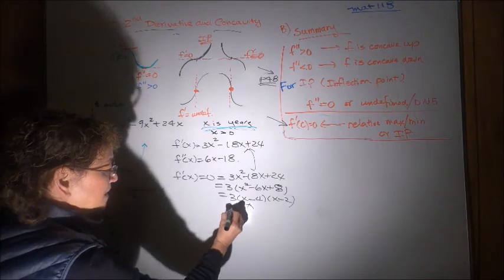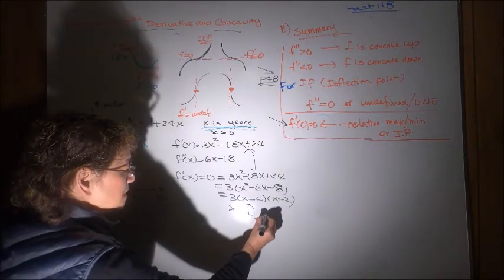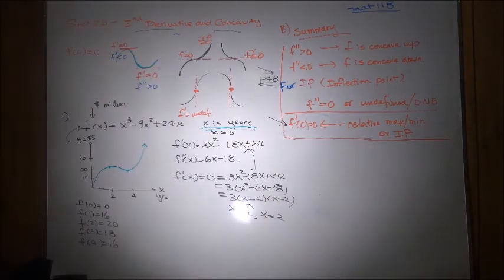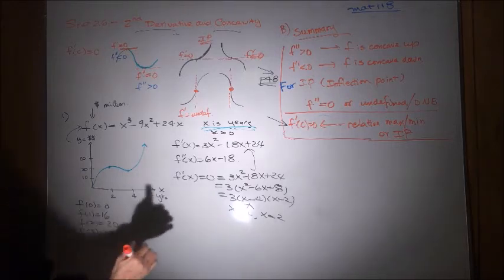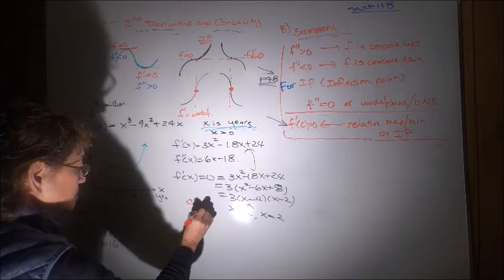That means what? x can be 4, x can be 2. Right? So what does it tell you? Those are your critical numbers.